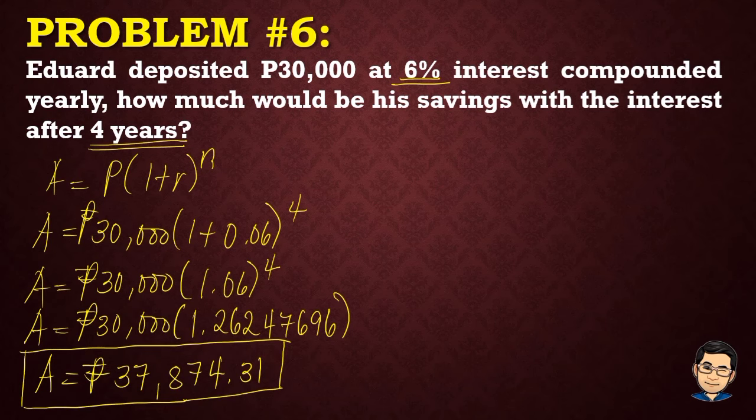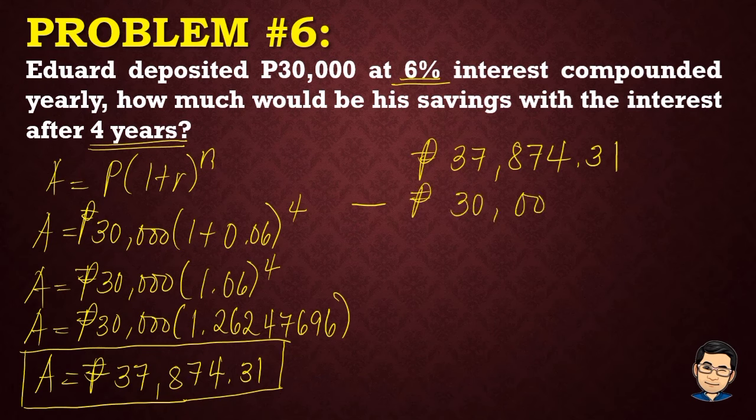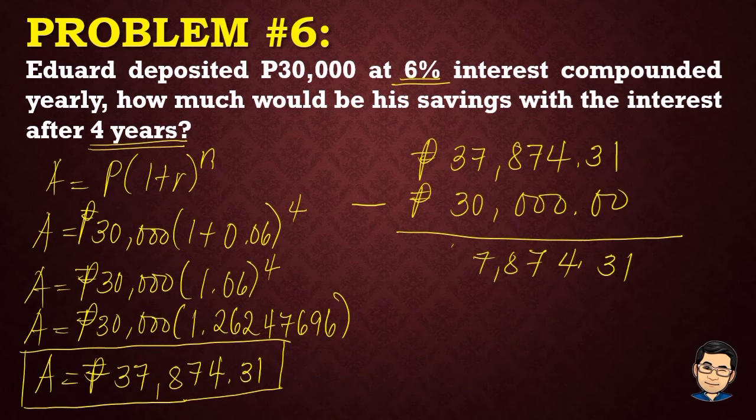So, ang gagawin lang natin doon, 37,874.31, i-minus natin doon sa principal amount na 30,000. So, that is 7,874.31 or 31 centavos.